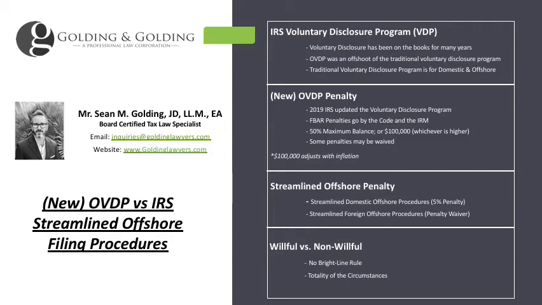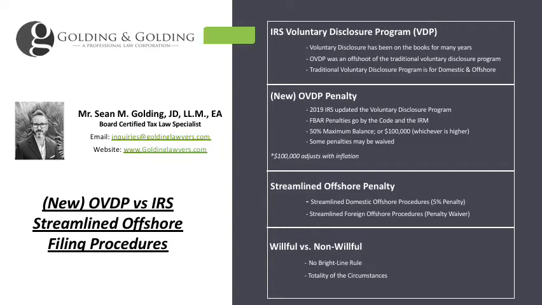There's no specific opt-out procedure like there was under the old OVDP. Quick side note, when you see $100,000 for the willful penalty, that adjusts with inflation. It goes up. It's at like 125 or 130,000 now. They don't necessarily change the number in the statute. They'll just note that it adjusts with inflation.